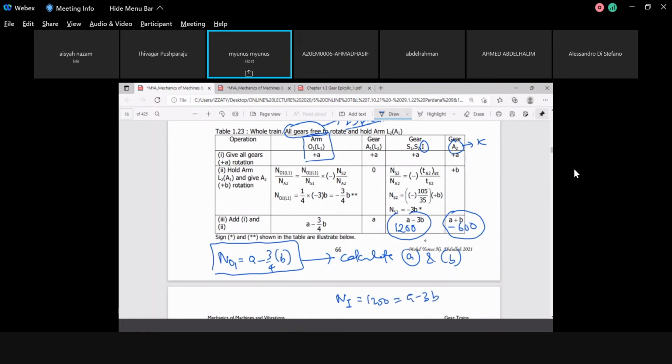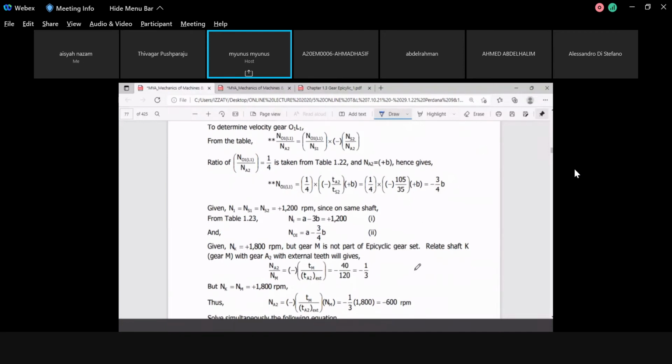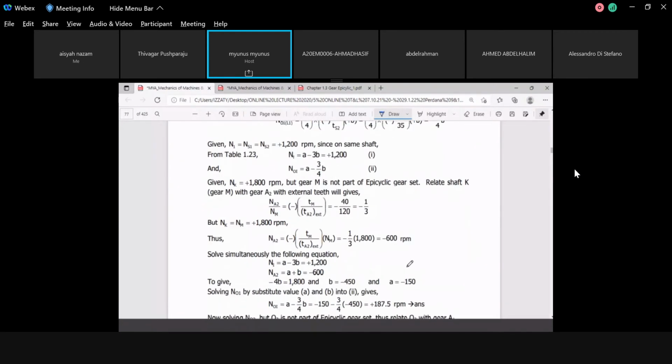Another one, Na2 is equal to negative 600 is equal to A plus B. Get the result of what is A and B from those two equations by using simultaneous equations. That will provide you A equal to something, B equal to something.